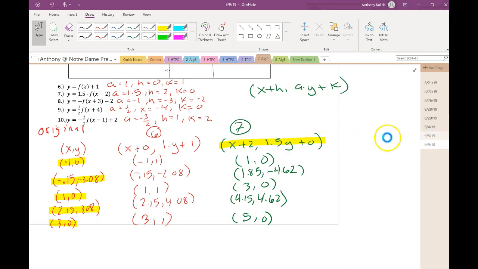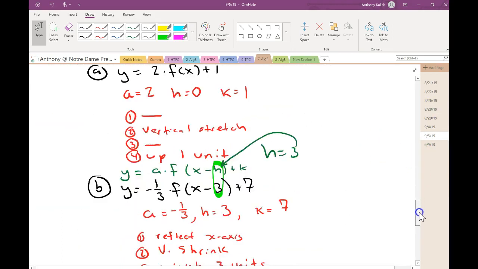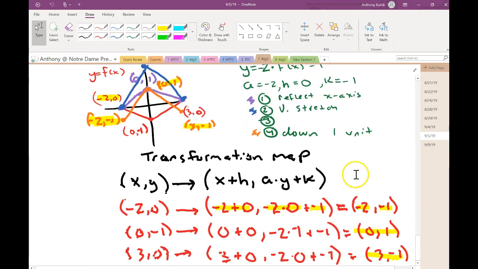So remember, we gave you guys this transformation map at the end of yesterday, at the end of last lesson, right? And I showed you doing the exact same thing instead of doing these transformations one at a time. I can do them all at once to save myself a lot of work, and that's all I'm doing here.